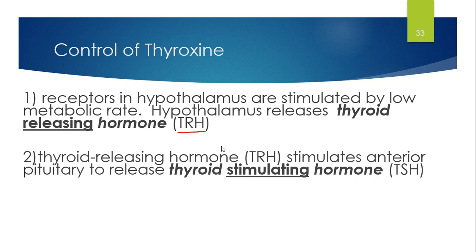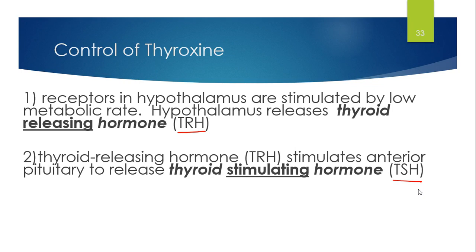And it stimulates the pituitary gland to release another tropic hormone called TSH. All right, so the pituitary releases TSH. It's tropic, meaning it's going to go to another gland. Okay, TSH stands for thyroid stimulating hormone, and that's exactly what it does.